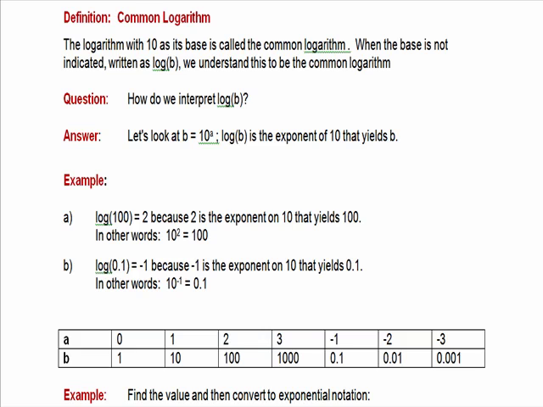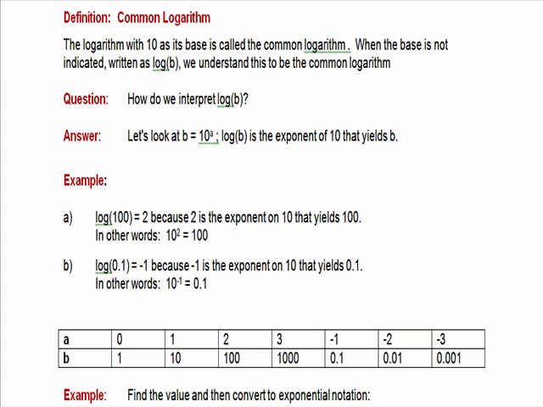Or I can think of it in reverse. The log of 1 is 0, the log of 10 is 1, the log of 100 is 2, the log of 1,000 is 3, the log of 0.1 is -1, the log of 0.01 is -2, the log of 0.001 is -3.